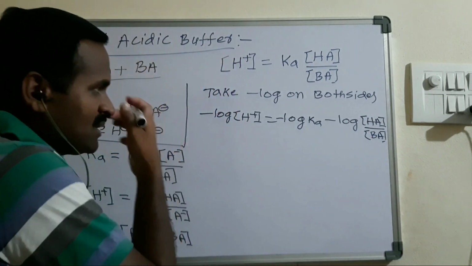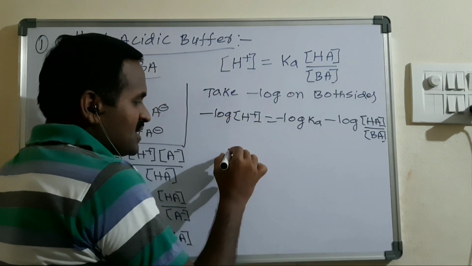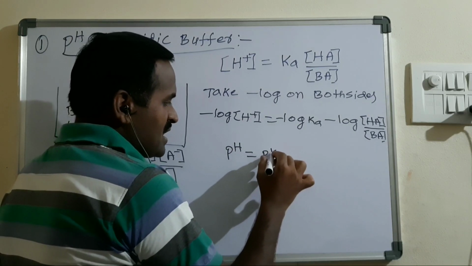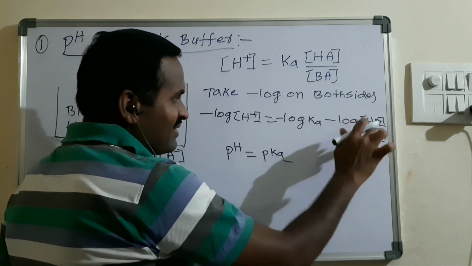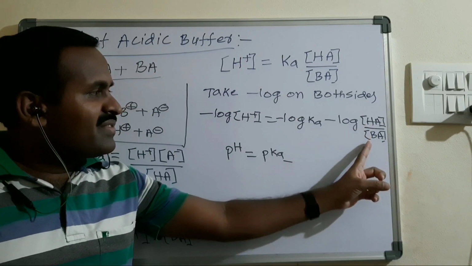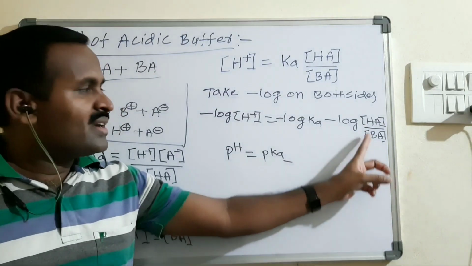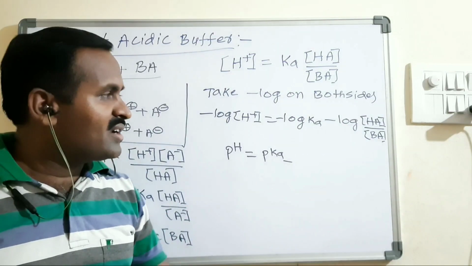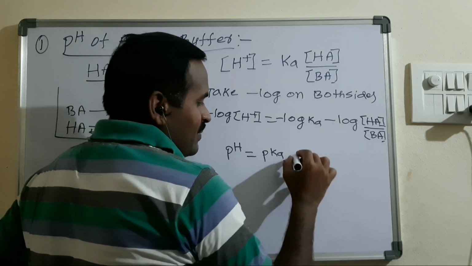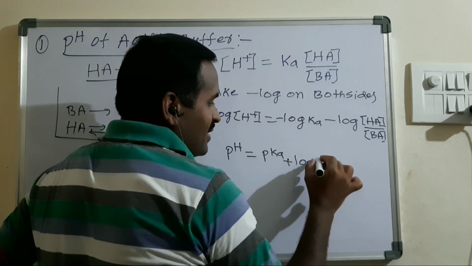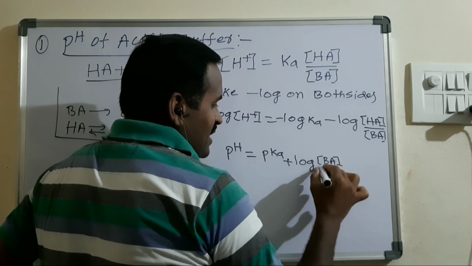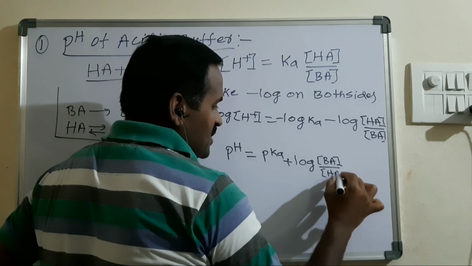Minus log of the H plus ion concentration is nothing but the pH, and this is pKa, and you can reverse this one: minus log of acid concentration divided by salt concentration. HA is the acid and BA is the salt, so making it plus, I can write log of BA concentration divided by HA concentration.